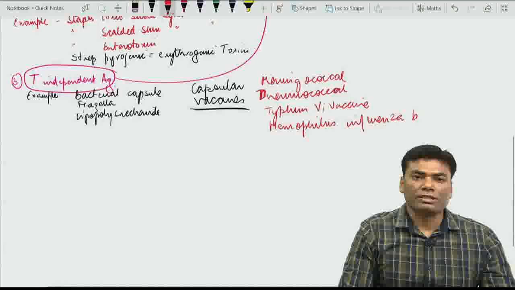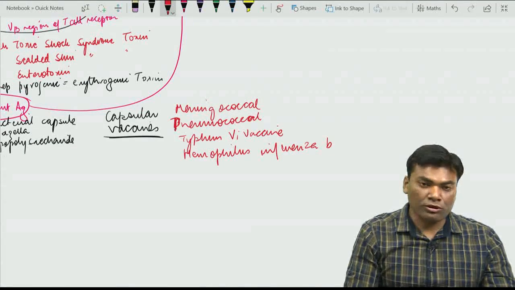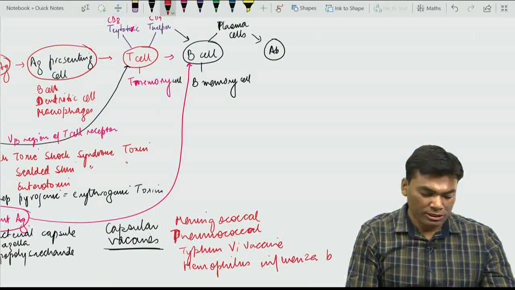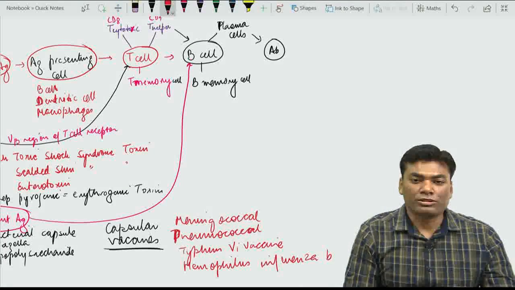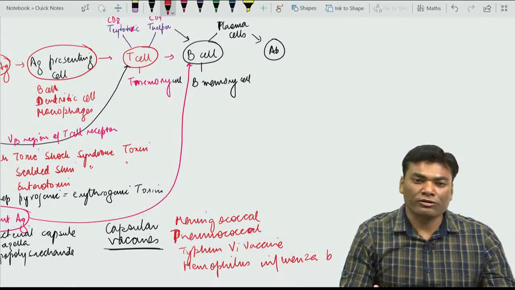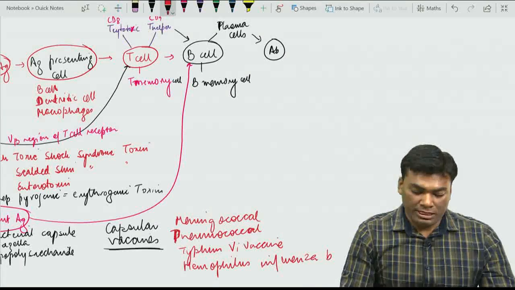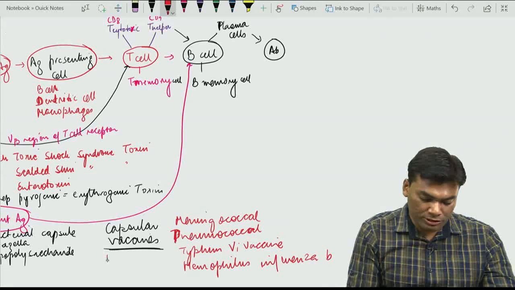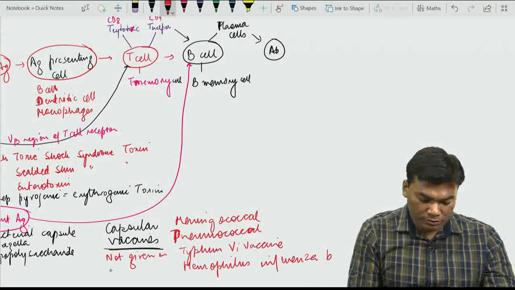So these are the four capsular vaccines. There is no T memory cell in these capsular vaccines, right? Because this antigen is directly going and binding to the B cell. Because of this, the booster and the overall immunity conferred by these vaccines is not very effective. That's the reason why these vaccines are not given in children less than 3 years old.